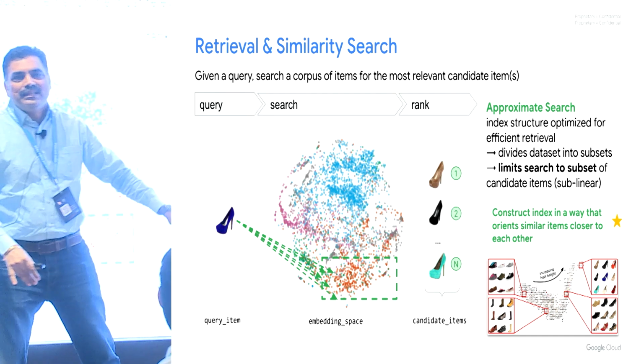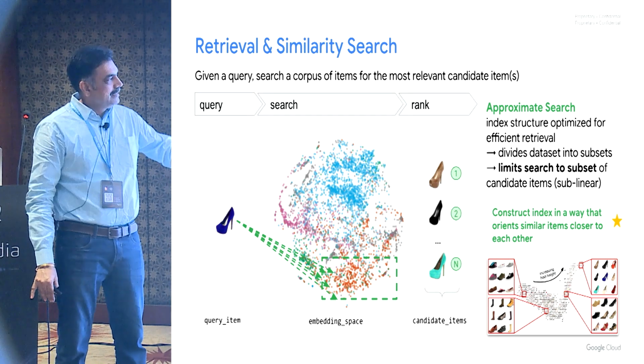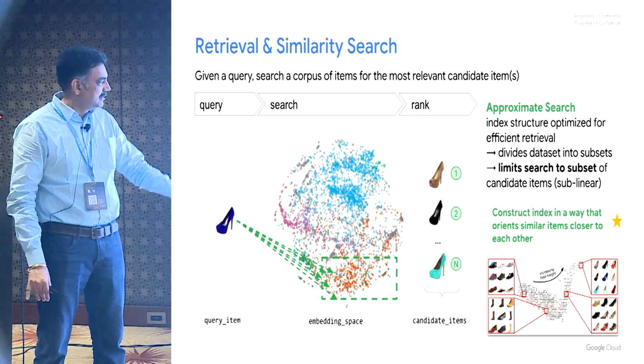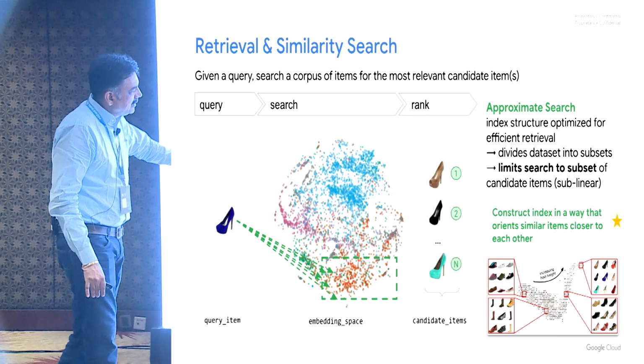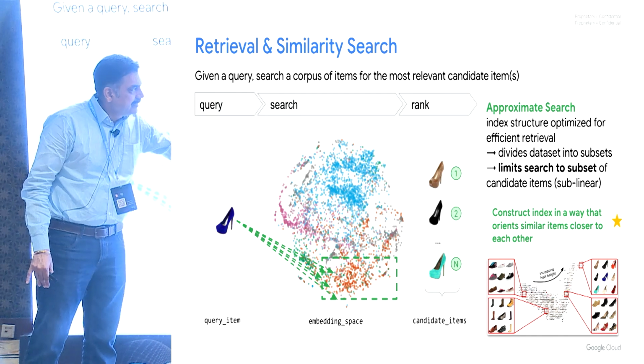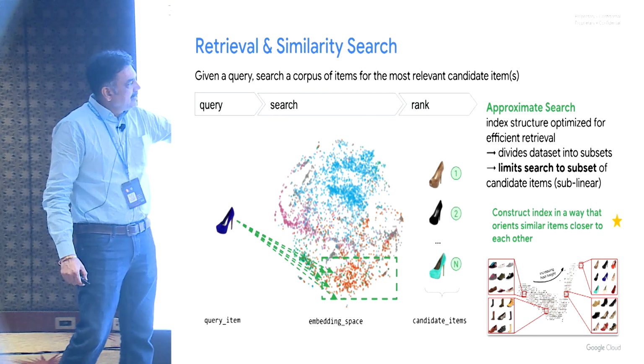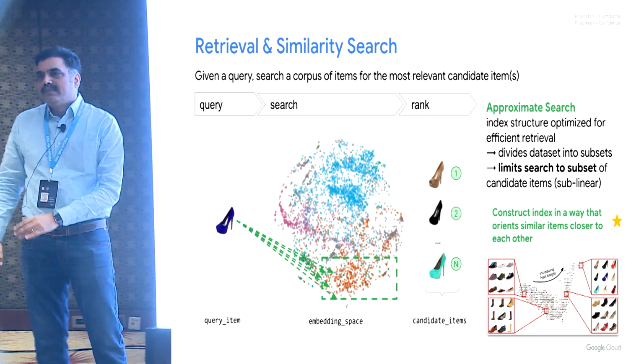We have that representation of different shoe types because of the way the embeddings are generated. As the query comes, I know this is the area for high heel shoes, so I'll just go here and rank my results based on that. If you remember the previous slides, I saved so much navigation in my data.